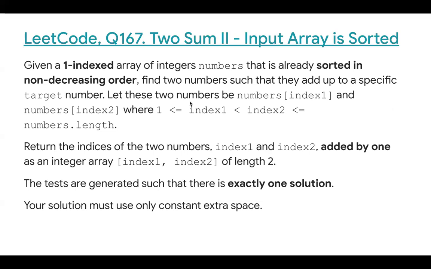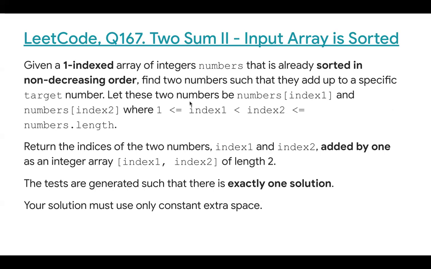For example, if you find that the sum of the first element and the second element in this array is equal to target, the index of the first element is 0 and the second is 1 in this array, but when we return, we should return 1 and 2 because we need to add 1 to their indexes.